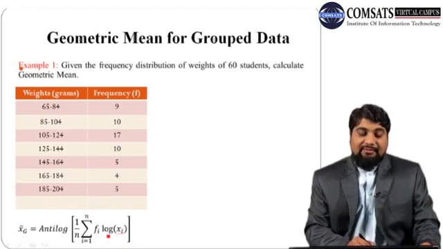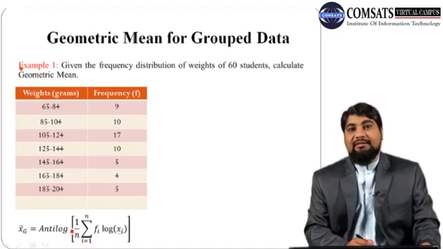Then f is already given here, so then we have to take log of x i. Then we have to find the product f i with log x i, and then find the summation, divide it by n and then take anti-log.